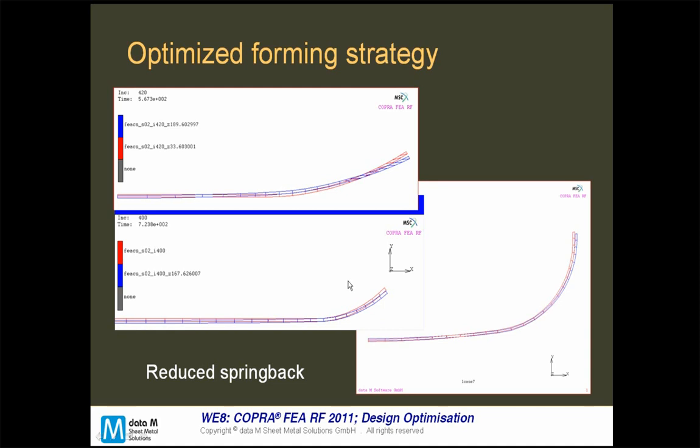Of course, we will always have some spring back, but we can see the difference also in the right area, where blue and red are the same cross sections.